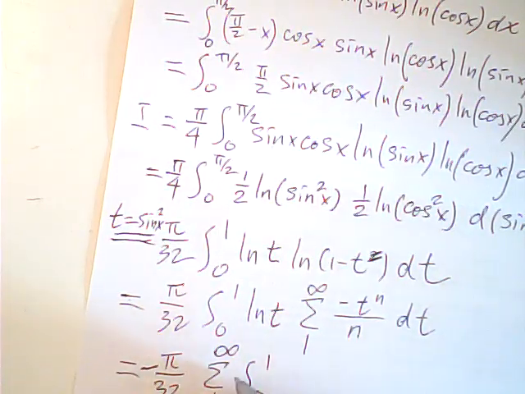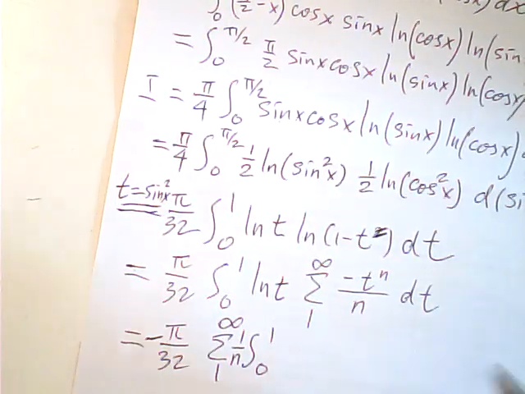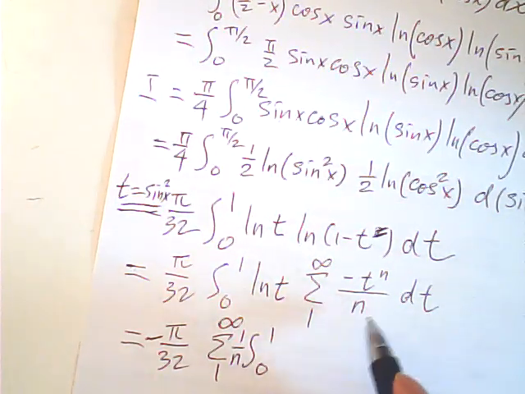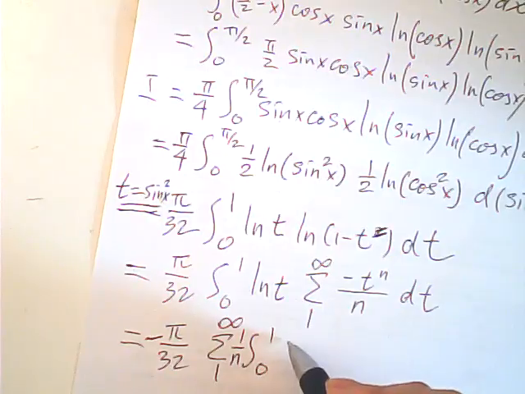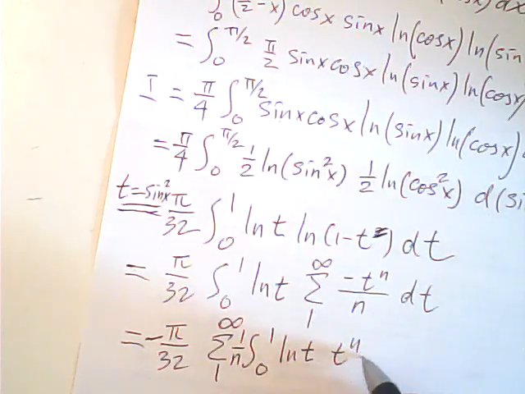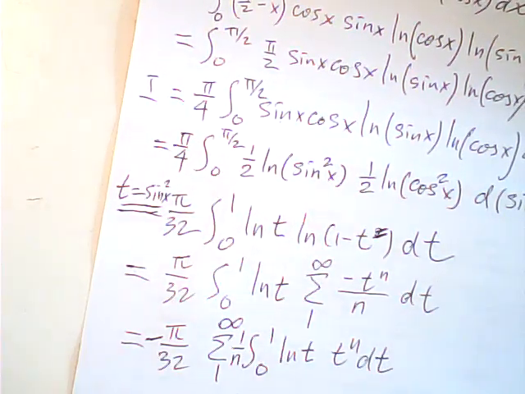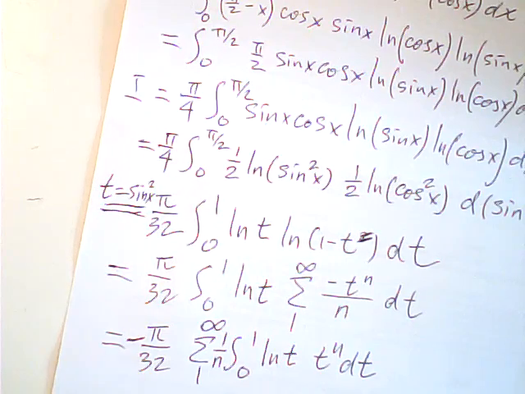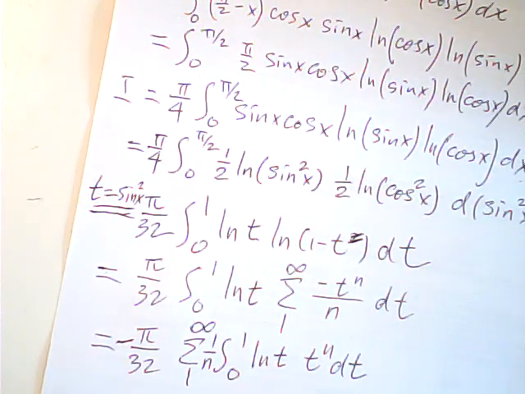And I leave 1 over n outside the integral. This becomes log of t times t to the n dt, right?